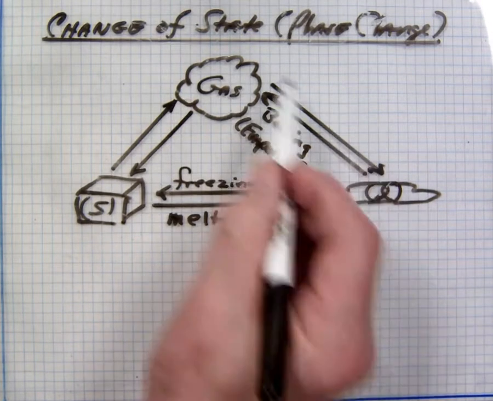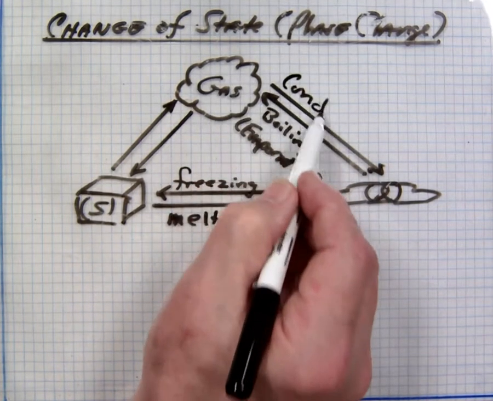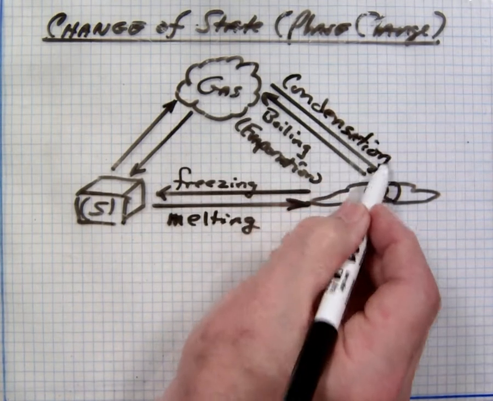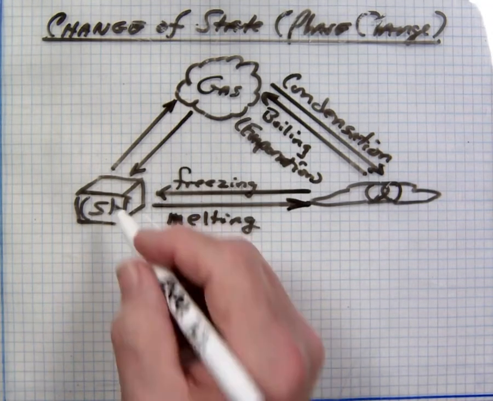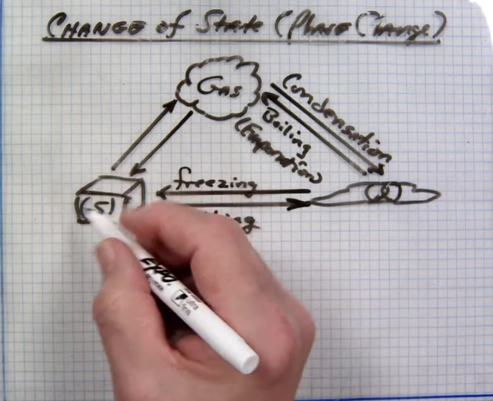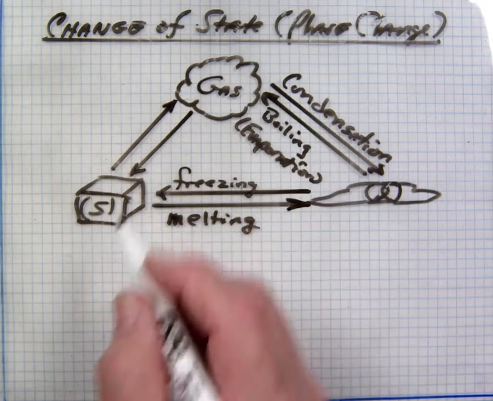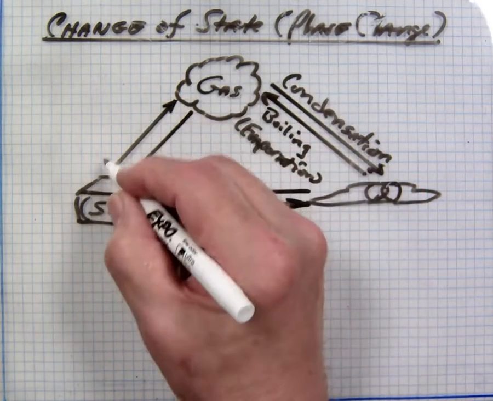And of course, going from a gas to a liquid is condensation. And then, a little less familiar to many, when we go from a solid to a gas phase without going through the liquid phase, the pathway is sublimation.